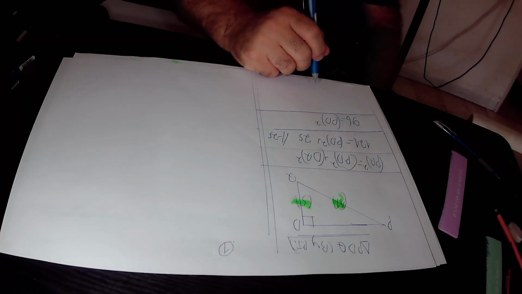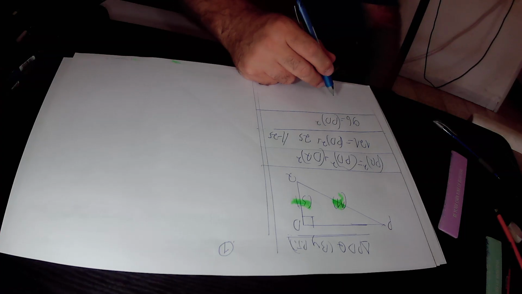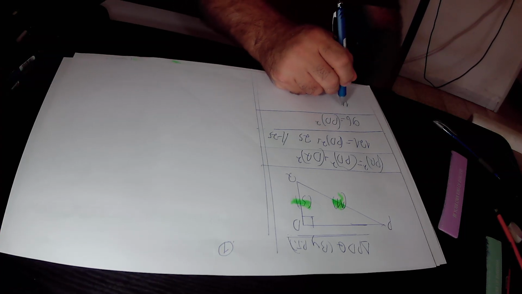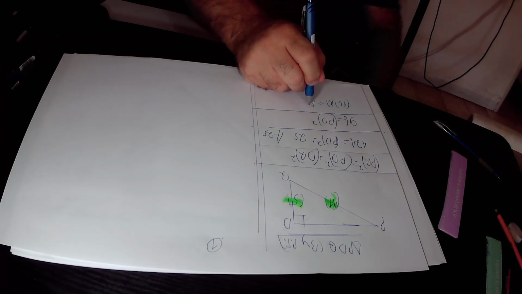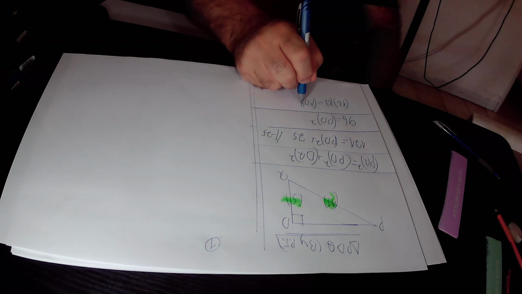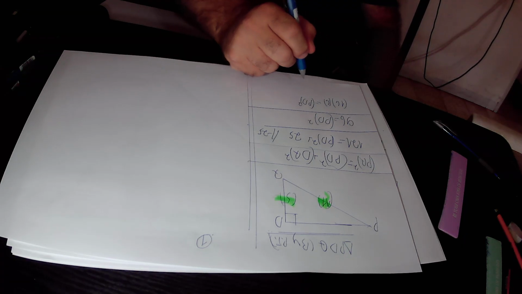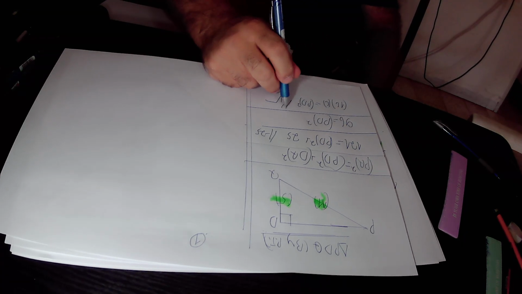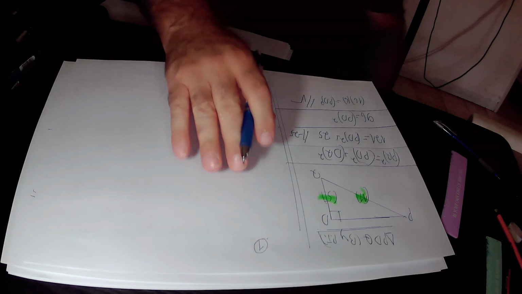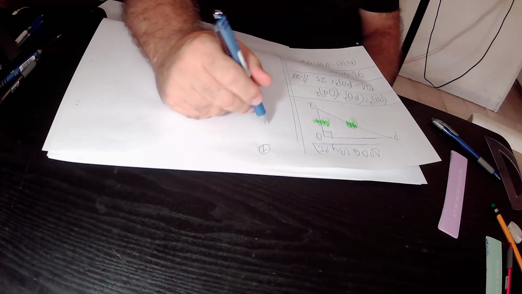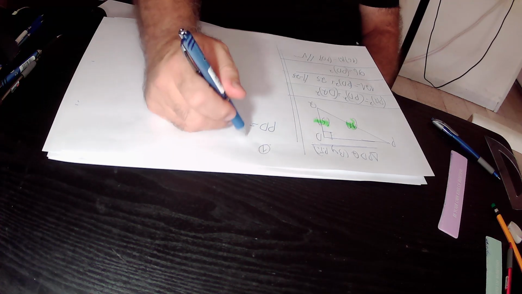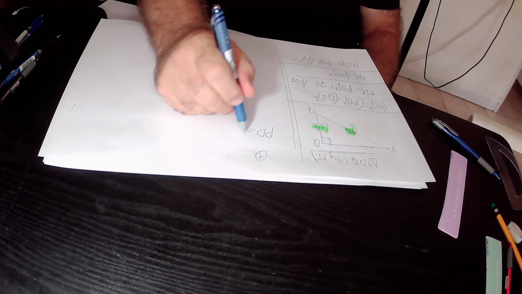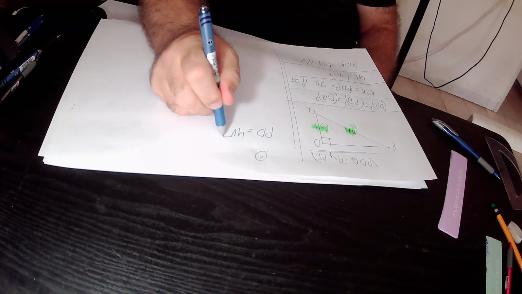96 is 16 times 6, so we'll substitute 96 by 16 times 6. 16 times 6 equals PD squared. Here we'll take a root out of this equation, and finally we get that PD, the missing side PD, is equal to the square root of 16, which is 4, so inside the root we are left only with 6.